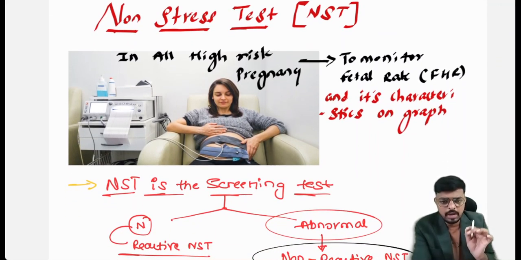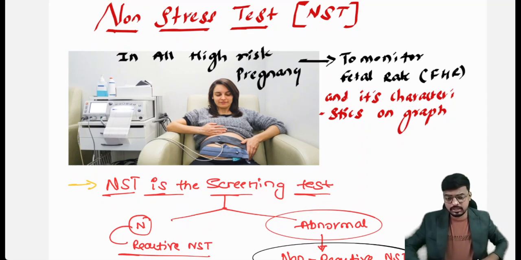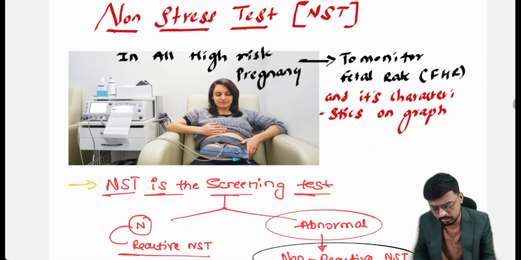I will give a brief description, the actual procedure we have to follow, and the interpretation of the non-stress test, which is very important for the exams. So we have to study it with extra carefulness. The non-stress test is done in all high risk pregnant women.